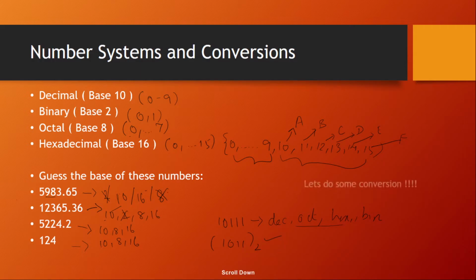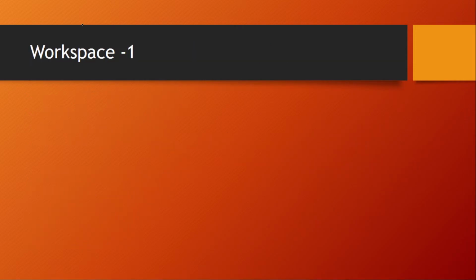Moving further, let's do some conversions. Let's say I have a binary number, 1101, and I want to convert this number into a decimal number. So what is the operation we follow here?